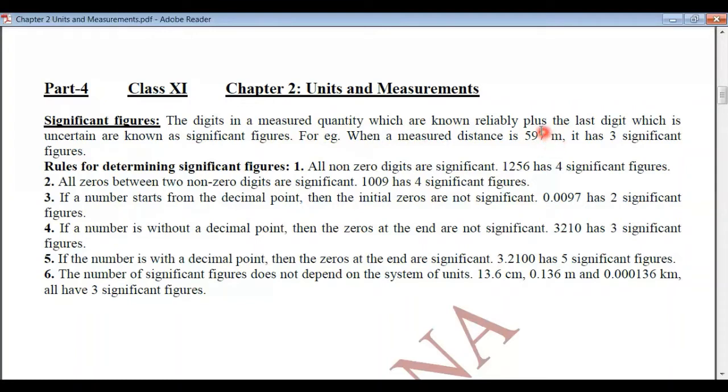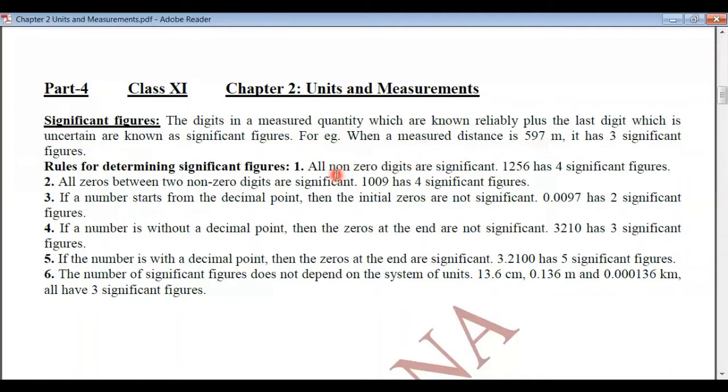Why? Because when the measured value is taken, it may be 596 meters or it may be 598 meters. So the last digit is uncertain and the first digits are reliable. So the reliable digits plus the last digit which is uncertain together make the significant figures. So here the number of significant figures in this measured value is 3.